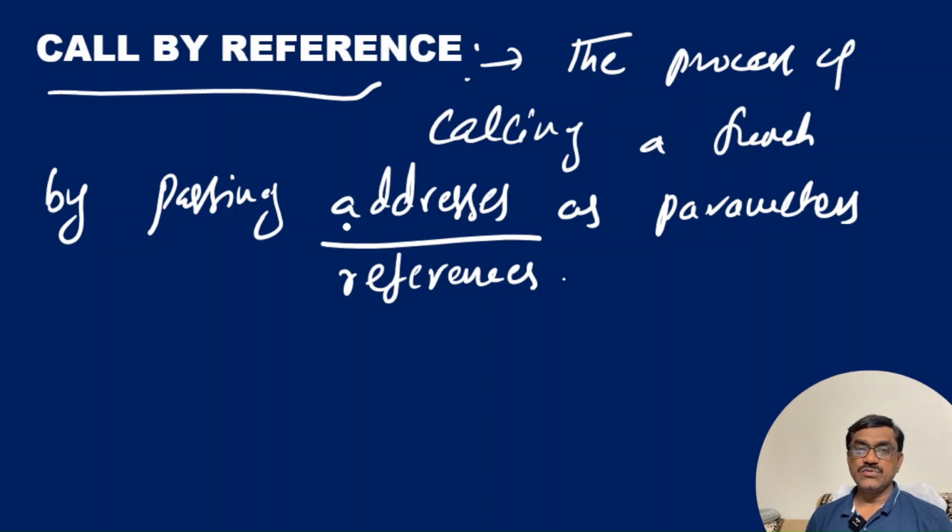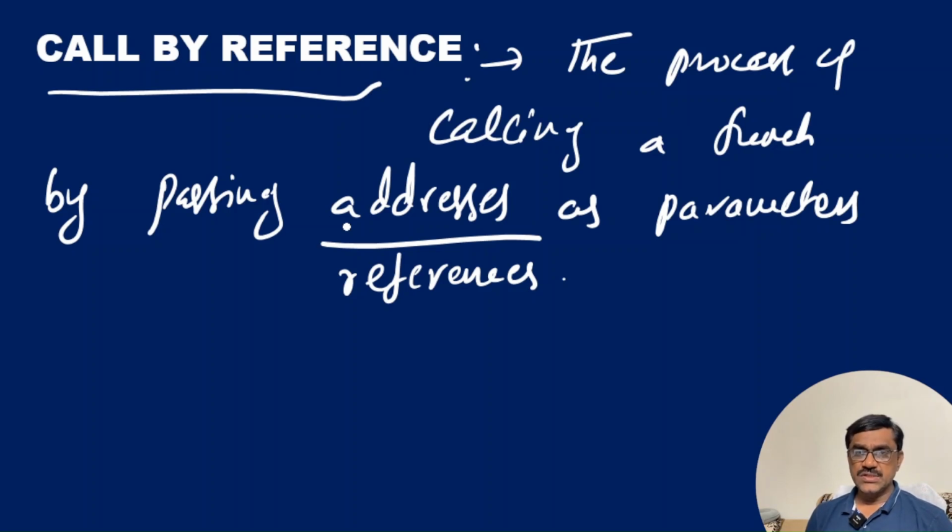Before moving on to the programs, first I will give clarity about what is meant by call by reference in detail. To go into the details of call by reference, first we should know the concept of pointers, right? So let us have a brief discussion on the pointers. After that, we will move on to the practical programs to implement call by value and call by reference.